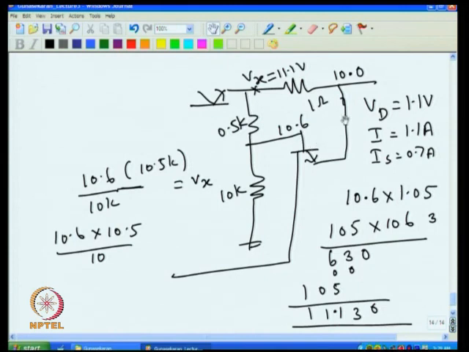If there is no current, if this is 10, this is also 10, and this is not going to be 10, this is going to be around 9.5 volt. Voltage at this point going to be 9.5, this is 10. That means this is 9.5, this is 10, means this is already reverse biased.